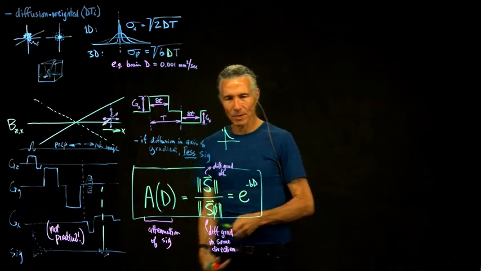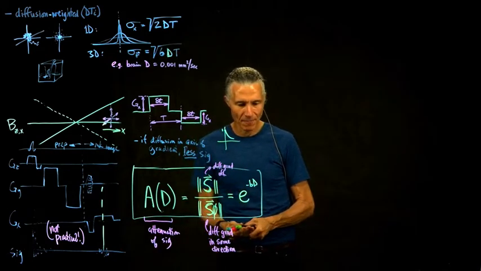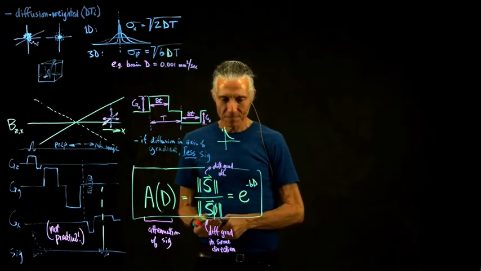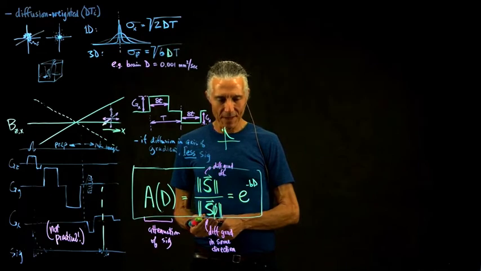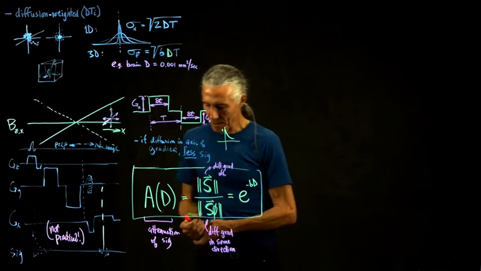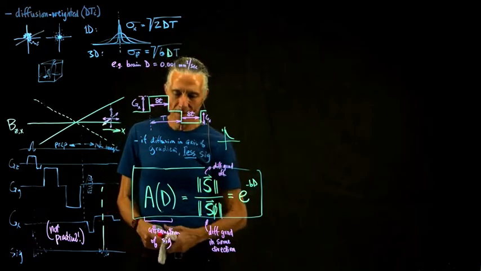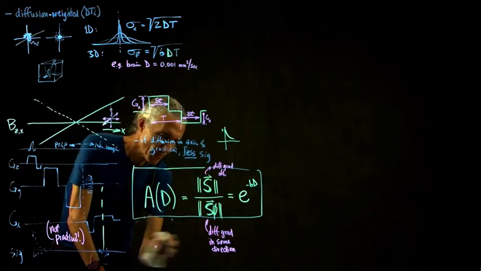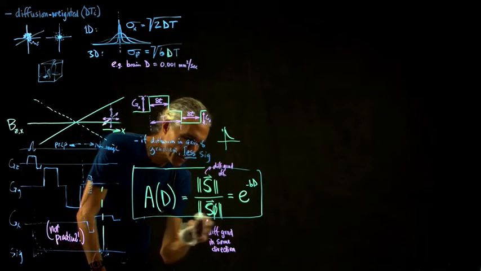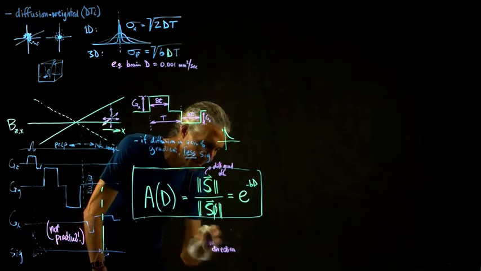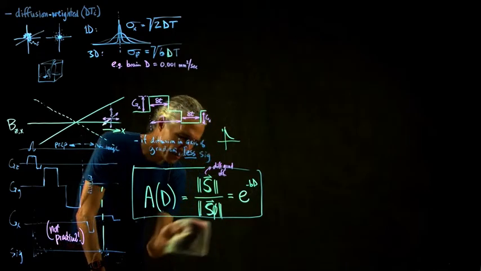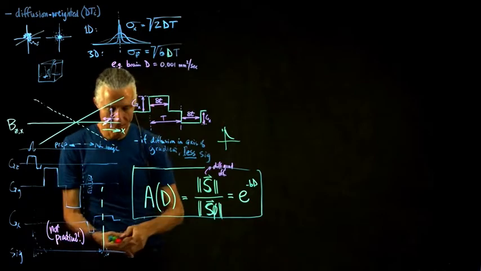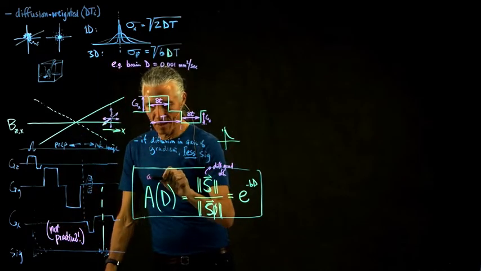So that's a very simple equation. So we just have now b. So what is b? If you've ever done any diffusion weighted imaging, you probably know about b. You've probably heard of a b value. So what is a b value? What's the definition of a b value? So this is attenuation.